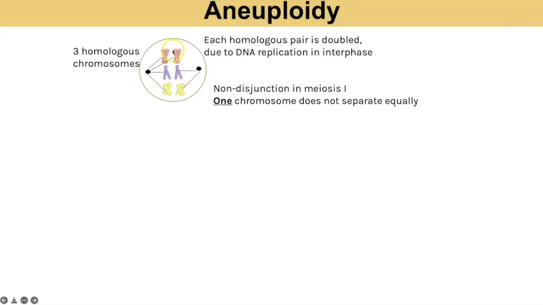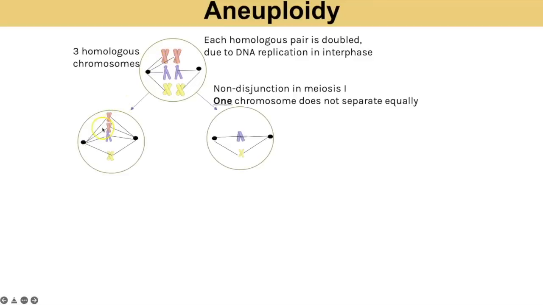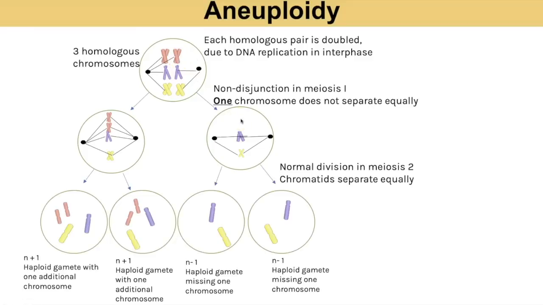We can see in this one, we have non-disjunction occurring at meiosis 1 because the spindle fibres for just that one homologous pair of chromosomes attach and pull them both to this cell. And this cell does not get a copy of that red chromosome. If meiosis 2 occurs normally, so no non-disjunction, all of the chromatids are separated equally.